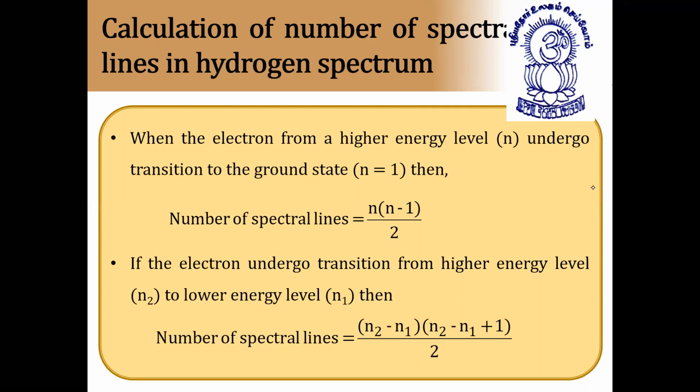If the electron undergoes transition from a higher energy orbit to a lower energy orbit, where they mention the lower energy level instead of the ground state, like from 5 to 2 or 6 to 2, you have to use the second formula. In this way you can find out the number of spectral lines. So the calculation of the number of spectral lines in the hydrogen spectrum is clear. These two formulas are most important, so note down these two formulas in your classwork.